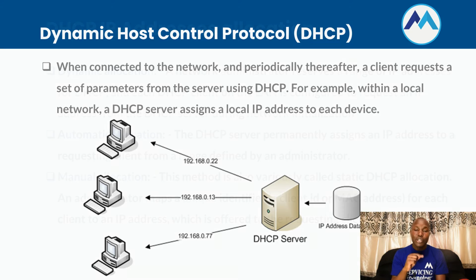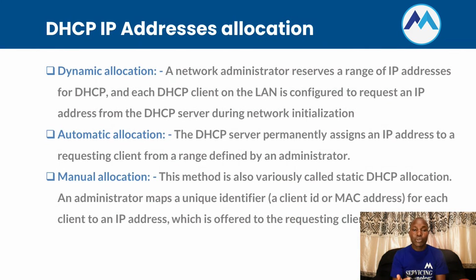Depending on the implementation, the DHCP server may have three methods for allocating IP addresses. Number one, dynamic allocation, where a network administrator reserves a range of IP addresses for DHCP, and each client on the LAN is configured to request an IP address from the DHCP server during network initialization.